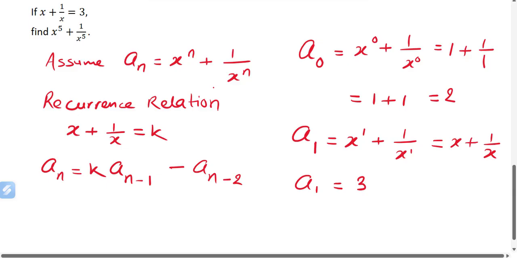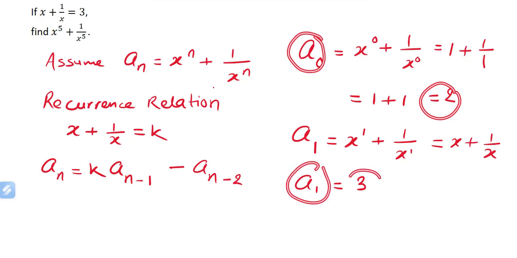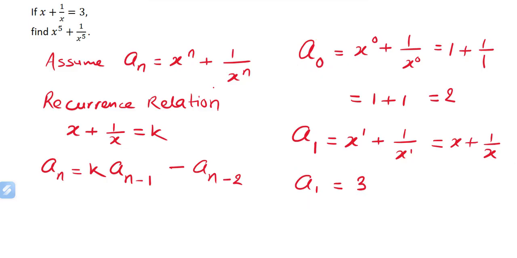Now, since we have the value for a0, which is 2, and the value for a1, which is 3, we can find the remaining values like a2, then we can find a3, a4, and a5.